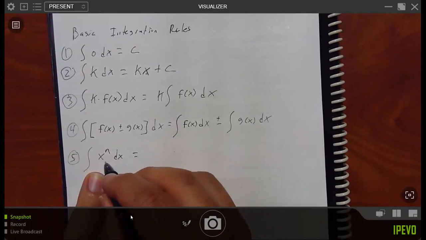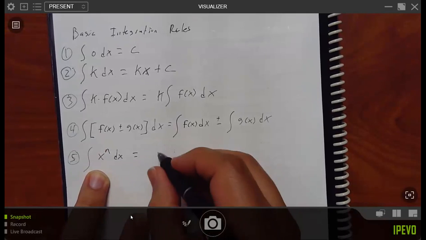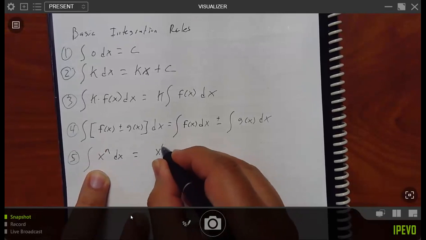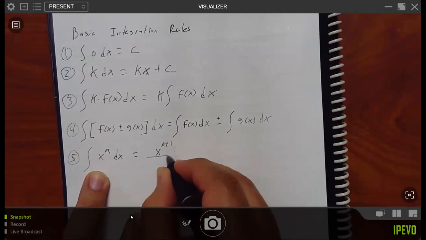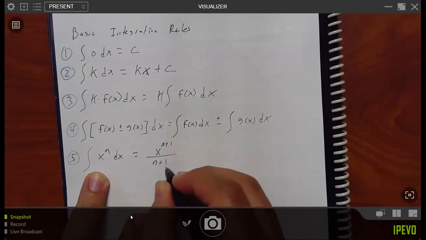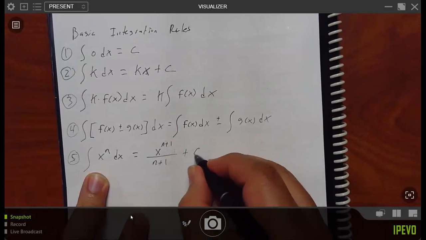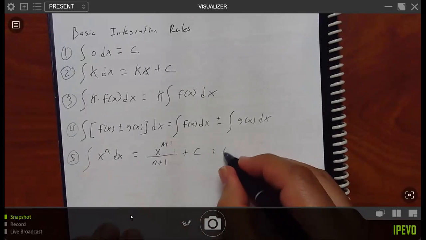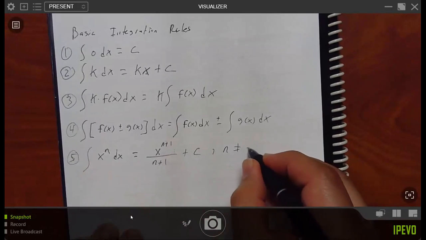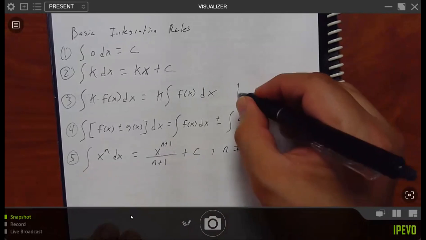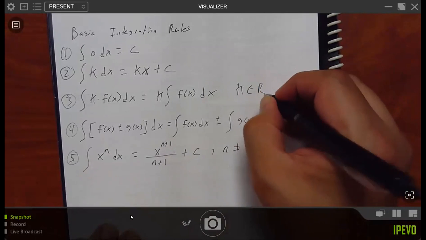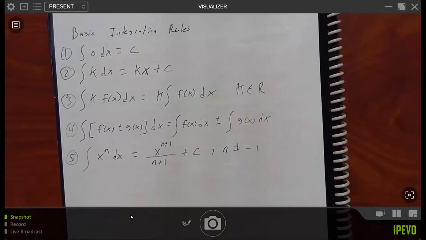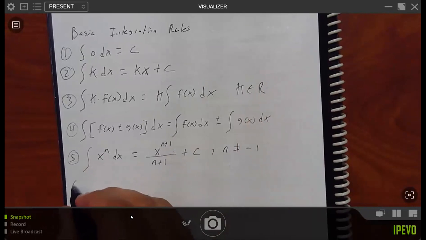If you have x to some number n, the antiderivative will be x to the n plus 1 over n plus 1, where n cannot be -1, and k is some constant in the real numbers.